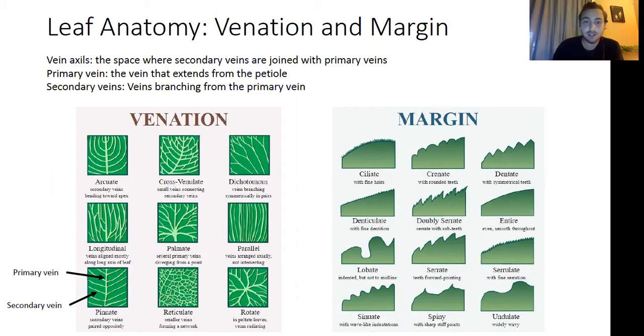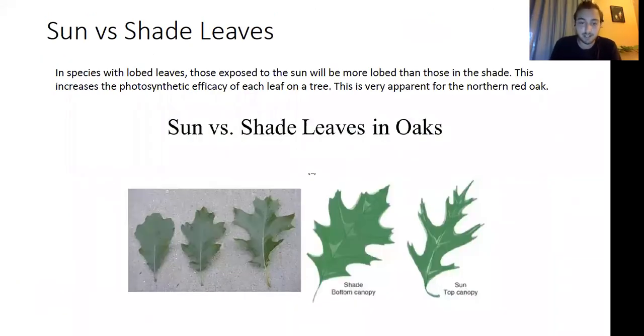So then I want to discuss something that's very apparent in oaks, which is a comparison between sun versus shade leaves. Our sun leaves at the top of the canopy, those exposed most to the sun, are often going to be more lobed and more divided than those in the shade or the bottom canopy. And this is to increase the photosynthetic efficacy of each leaf on a tree.